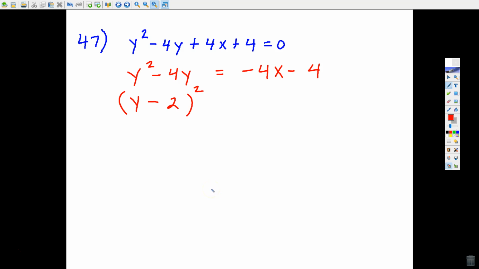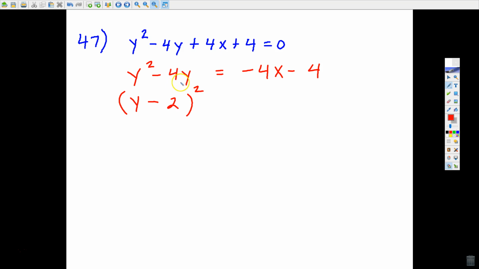Okay, with me so far? If you did square this, if you multiplied y minus 2 times itself, what would that trinomial look like? Can we do it mentally? Y squared minus 4y. We match so far.